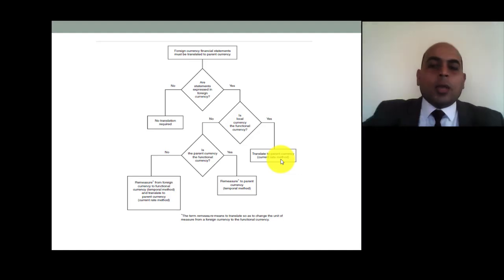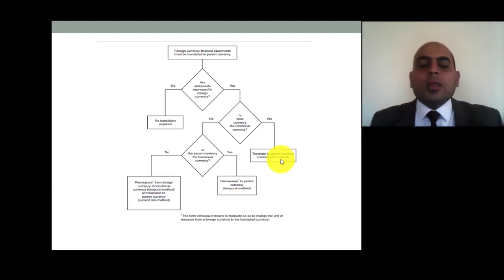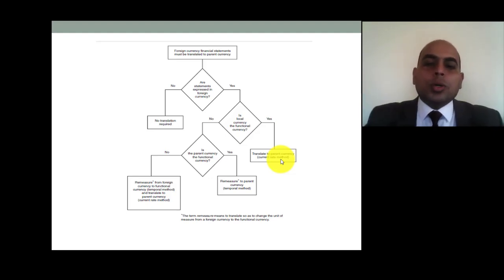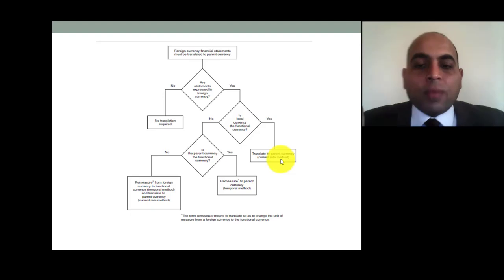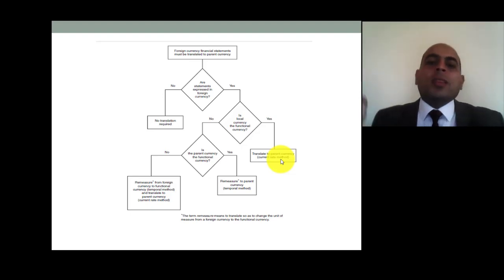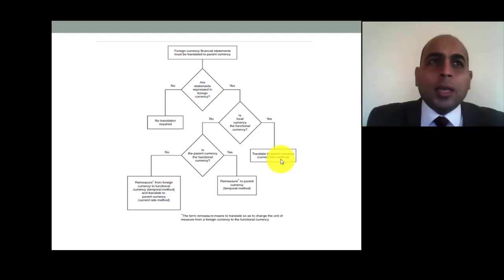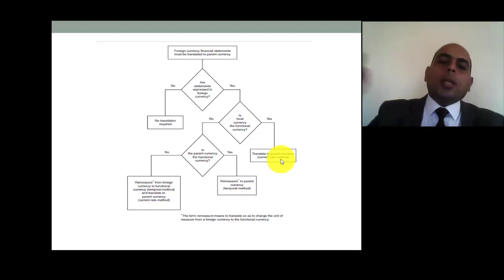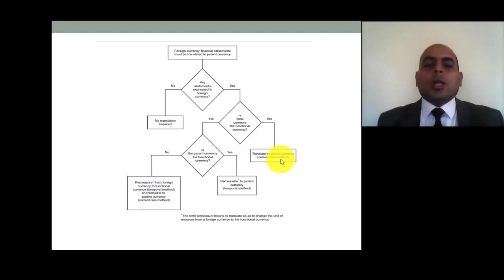If they are located in Egypt and mostly use the Egyptian pound to settle their transactions, but they didn't use it to prepare the financial statements, and instead used the parent company currency, in this case we need to remeasure the financial statements. It means we will use the temporal method to remeasure them.